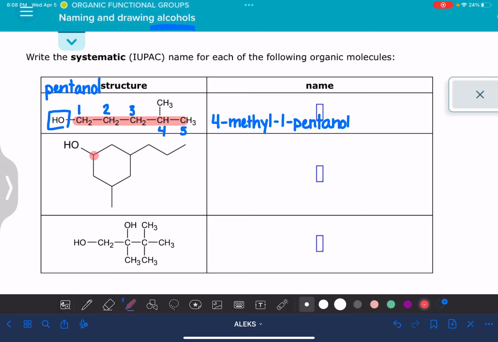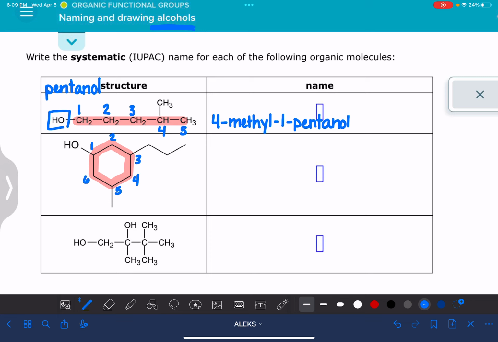In this one we have a cyclic molecule, a 6-membered ring. That's going to be a cyclohexane. And we want to number that ring so that the alcohol gets the smallest possible number, so it's carbon number 1. Now we're going to number either clockwise or counterclockwise around the ring so that our other substituents also get the smallest possible numbers.